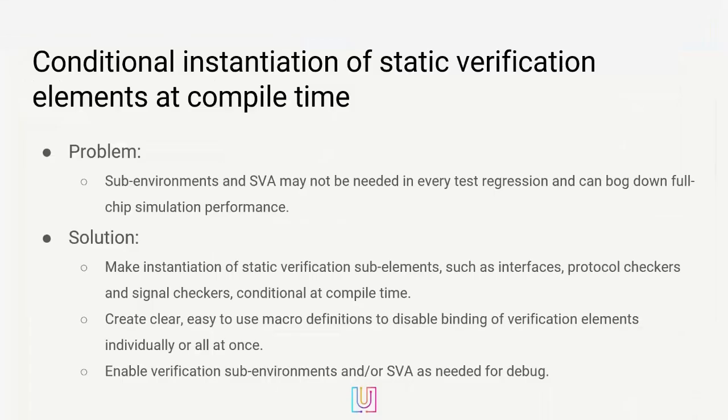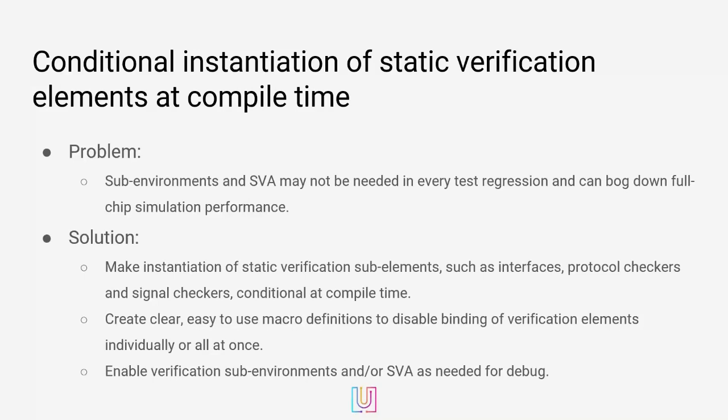So here we have conditional instantiation of static verification elements at compile time. Sub-environments and SVA may not be needed in every test regression and can bog down full chip simulation performance. If you get to this point, things are going pretty well because you're vertically reusing so much that it's actually causing a performance problem.